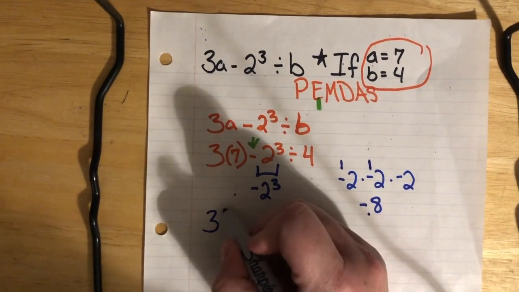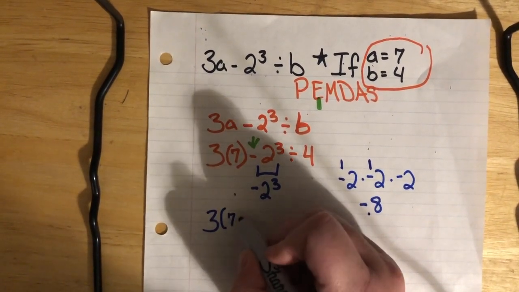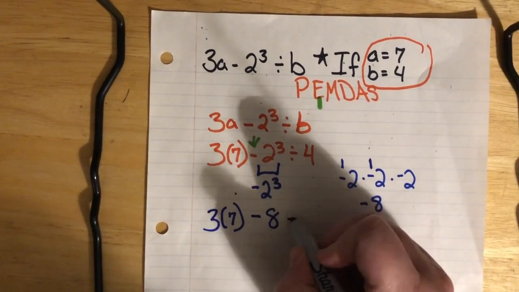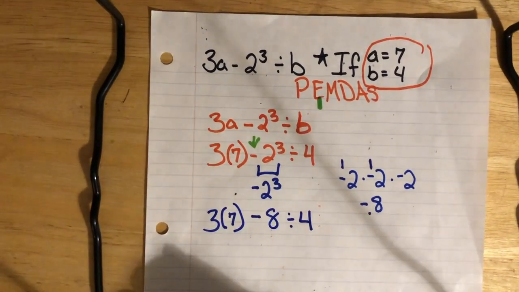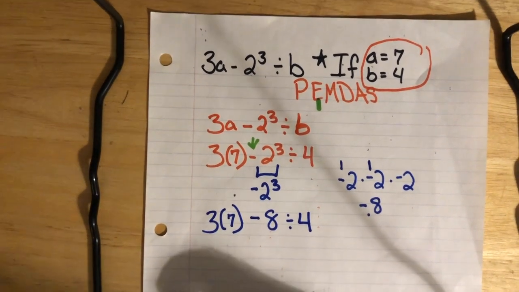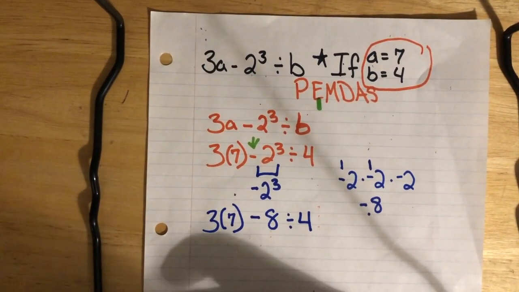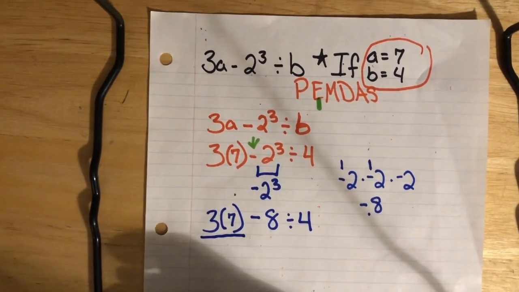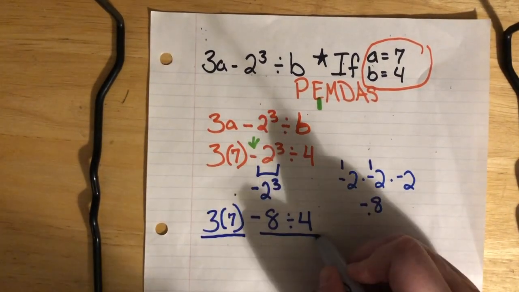So now 3 times 7 minus 8 divided by 4. Here is where it gets a little tricky. Now, I can do this part. I can do this part.